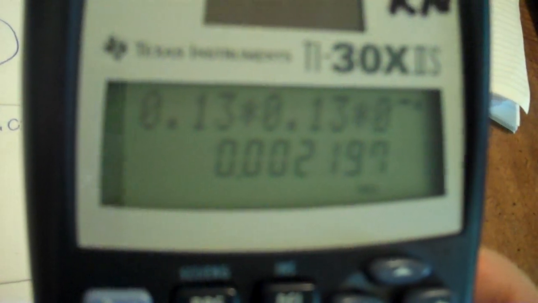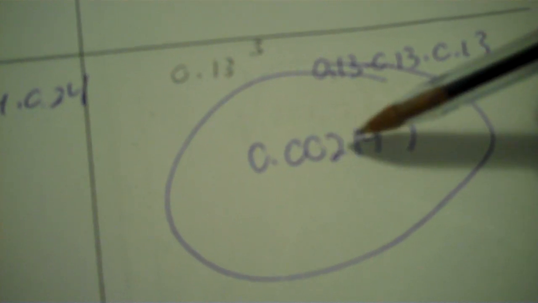0.13 to the third power. 0.13 times 0.13 times 0.13. 0.002197. You don't have to write it in word form, but that would be 2,197 ten-millionths. Okay, 3 to the fifth, that's simply taking 3 times 3 times 3 times 3 times 3, 243.